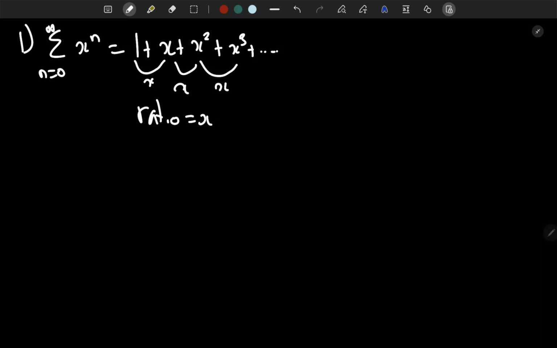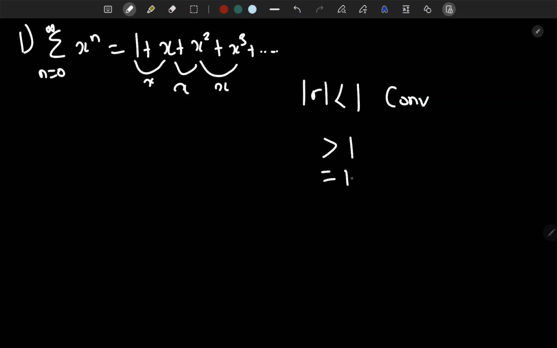And if you remember, the rule of geometric series mentions if r, the absolute value of r, is less than 1, this means that the series is converging. And if it's more than 1 or equal to 1, it diverges, but we are not interested in that, so we can just leave that out. So here our r is x, so it's going to be the absolute value of x is less than 1 for it to converge.